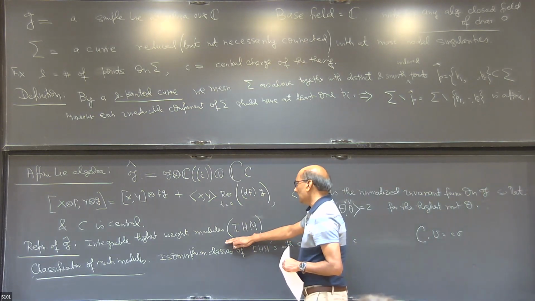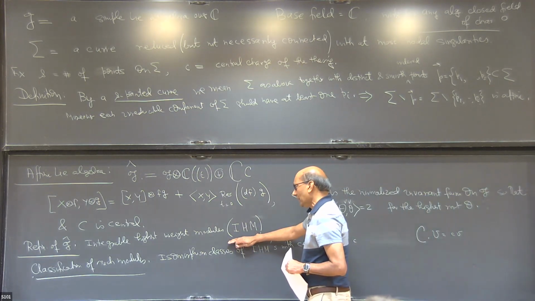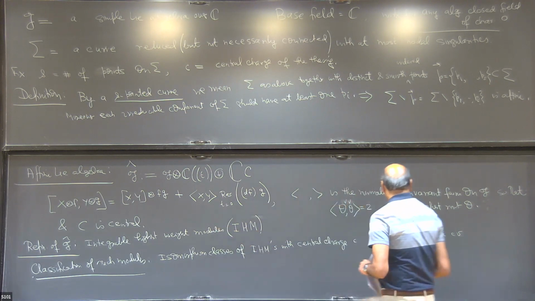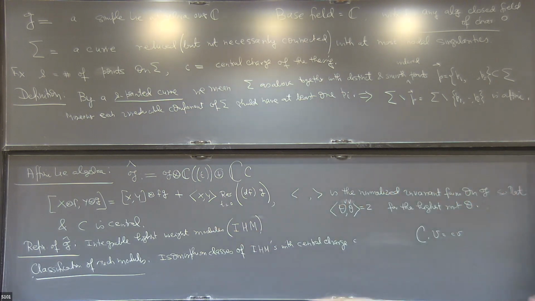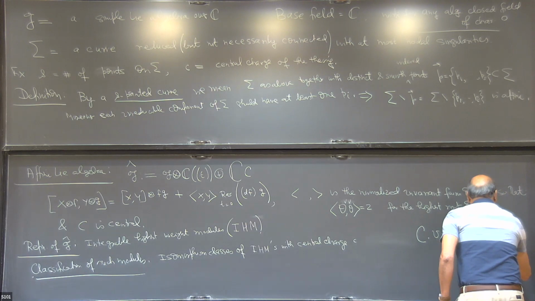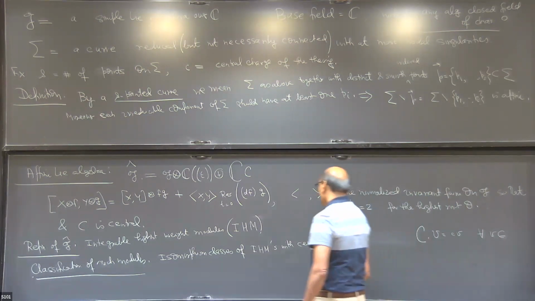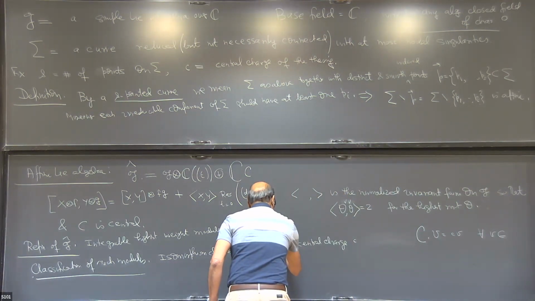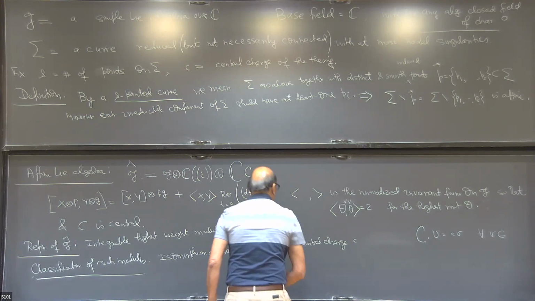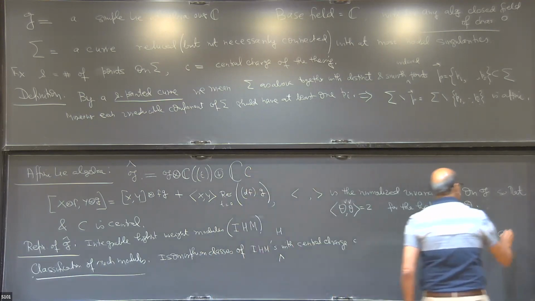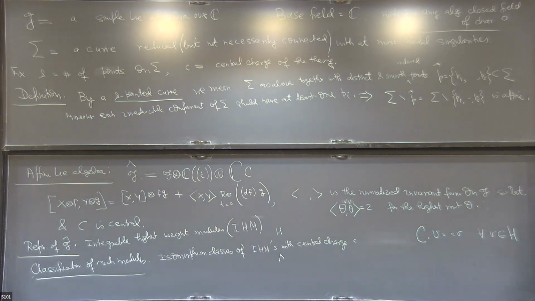But I need highest weight module to conclude that C acts by a constant for all v in any such representation, let's call it H. C v is going to be this constant. So that's called the central charge.